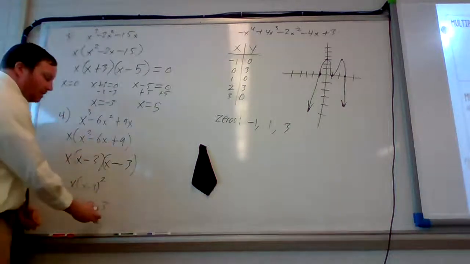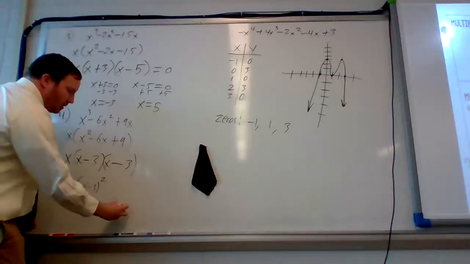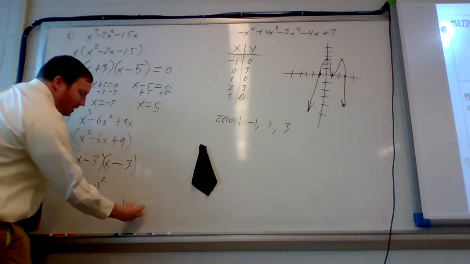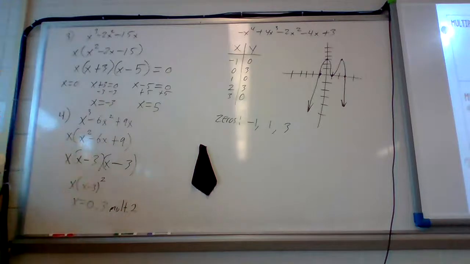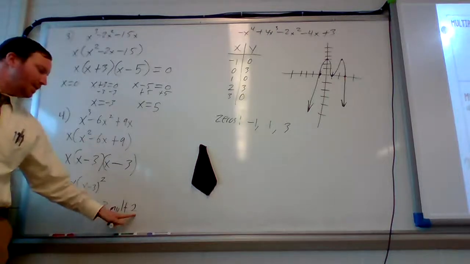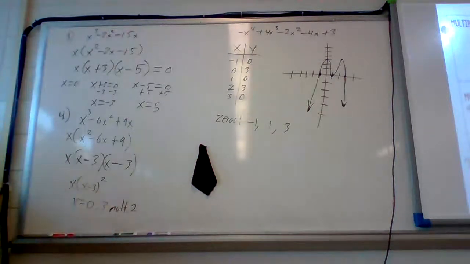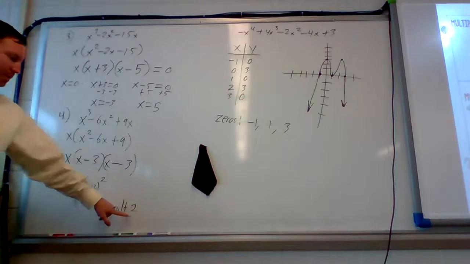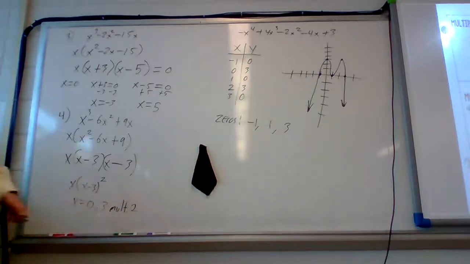We also want to say that 3 has a multiplicity, and how many times. So the way we list that is we use MULT, shorthand for multiplicity, and then how many times it occurs. So we read it as 3 multiplicity of 2, and we also have 0 as one of the x values.